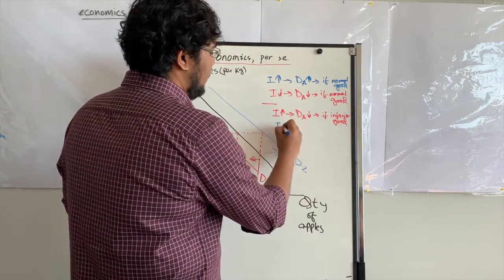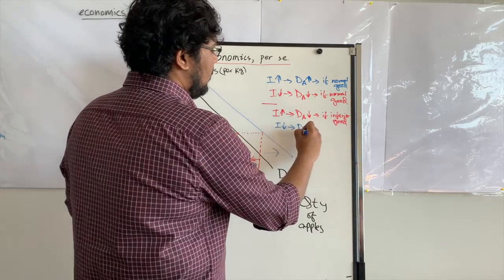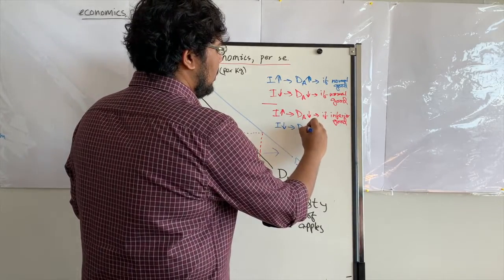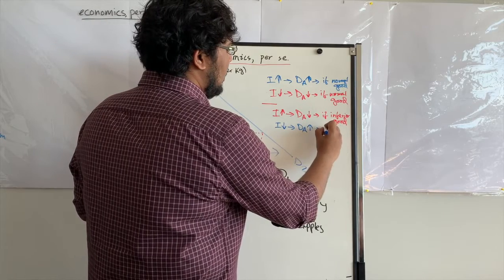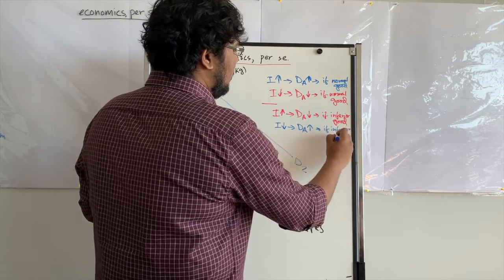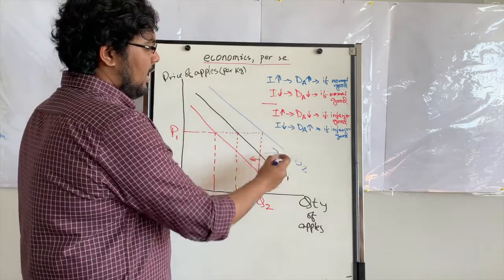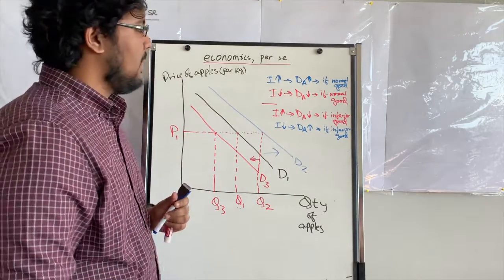And if the income decreases, the demand for apple would increase if inferior good, and a rightward shift will take place for the demand curve.